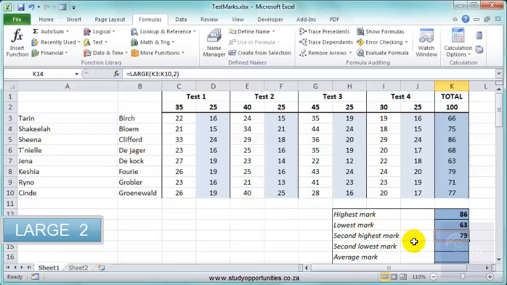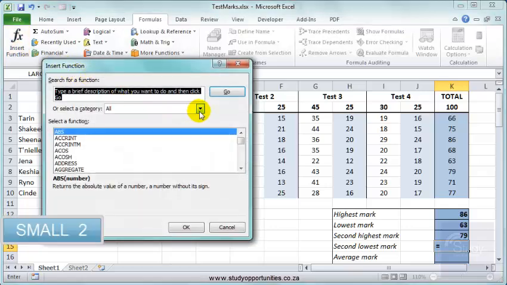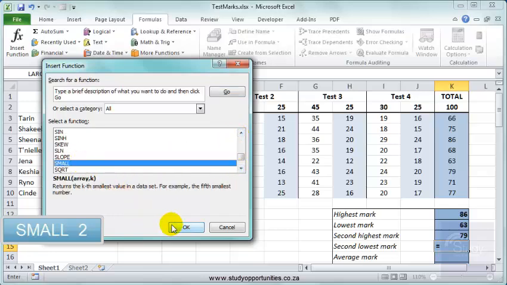Okay, the second lowest is going to be, what's the function going to be? I think it's going to be small. It's a logical name. Small. There it is, small.